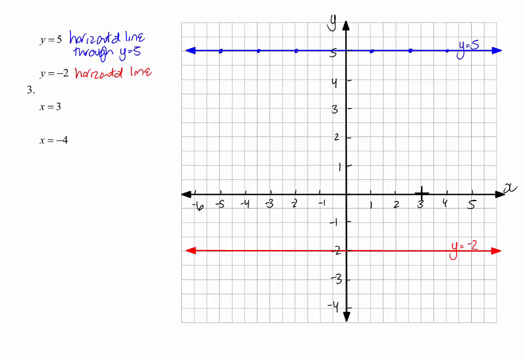So where is that happening? That's happening where x is 3. So everywhere along here, doesn't matter where I pick, x is equal to 3. So that's where my vertical line goes. Okay, so that's the line x equals 3. So this is a vertical line.